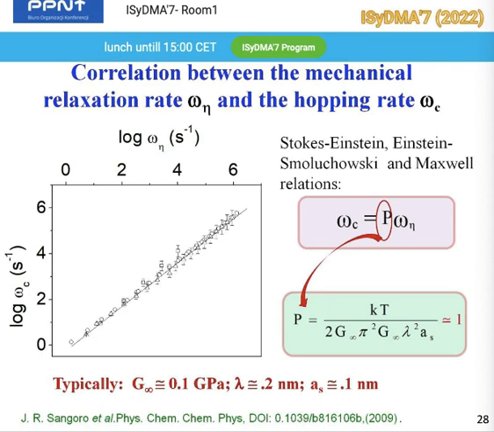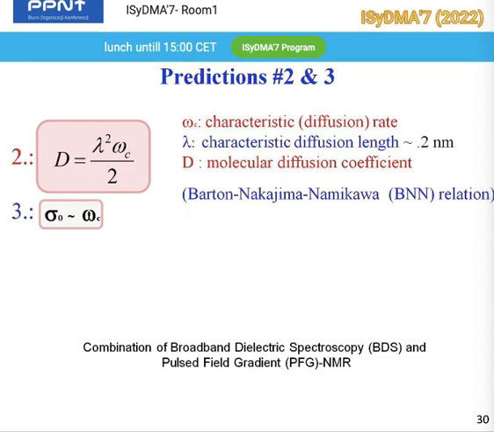And you see this proportionality is realized in a huge range of time scales, and this value of 1 for the factor of proportionality is very well fulfilled. Okay, now to summarize this, prediction number 1 is fulfilled.